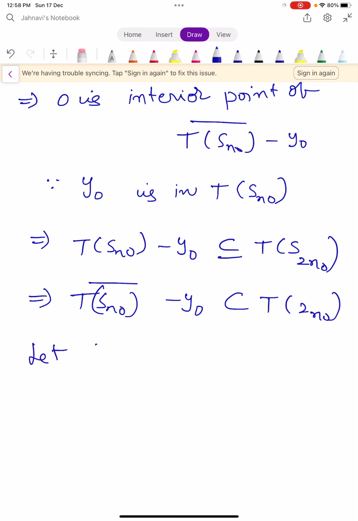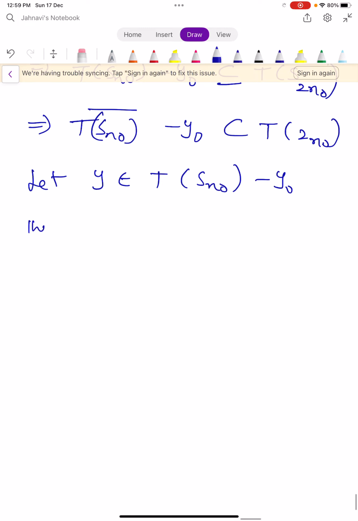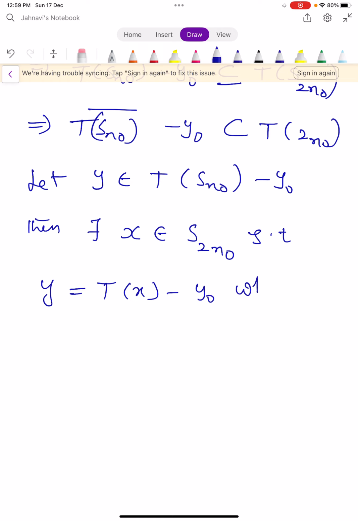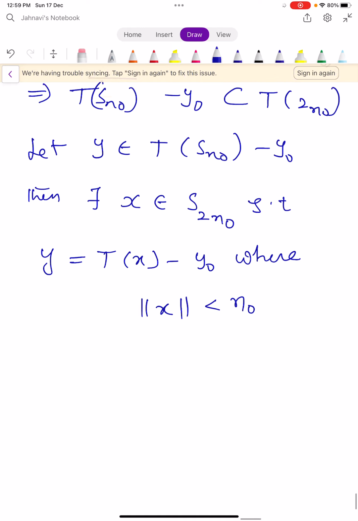Let us take an element y belonging to T(S_n0) minus y naught. Then there exists another element x belonging to S_2n0 such that y = T(x) minus y naught, where norm x is less than n naught.